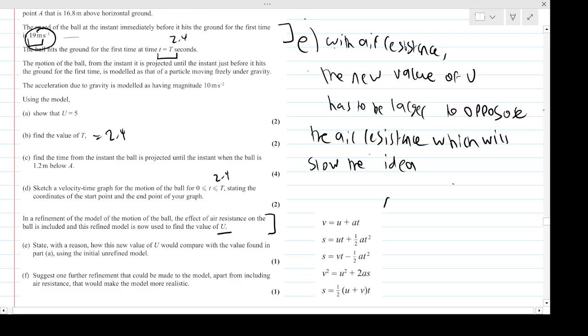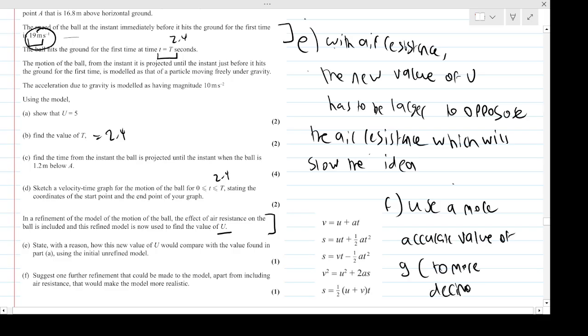Part F then, the final part, suggests one further refinement over the air resistance. The other one is to use a more accurate value of g, so to more decimal places, right?